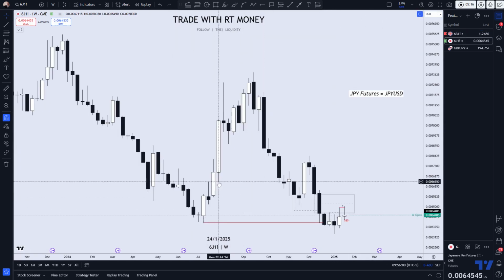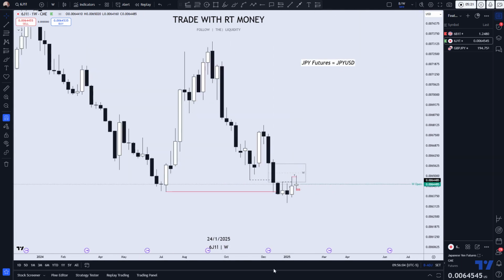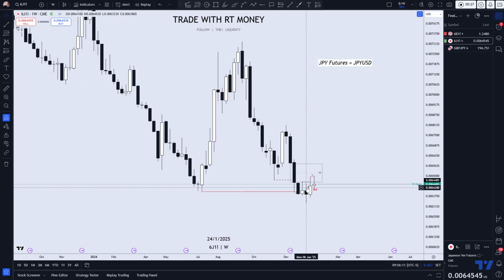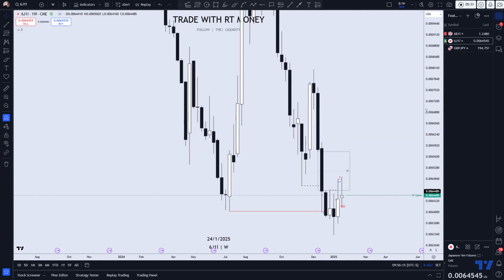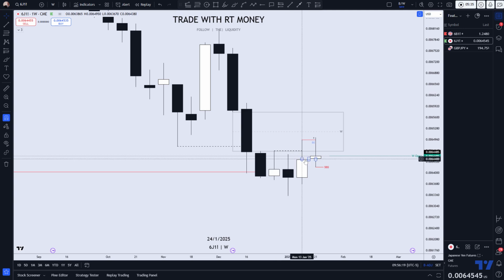Now, if we go to the Japanese yen, not so much. They just raised rates last week, and we got a very muted reaction by the markets, and you can see that we are consolidating.